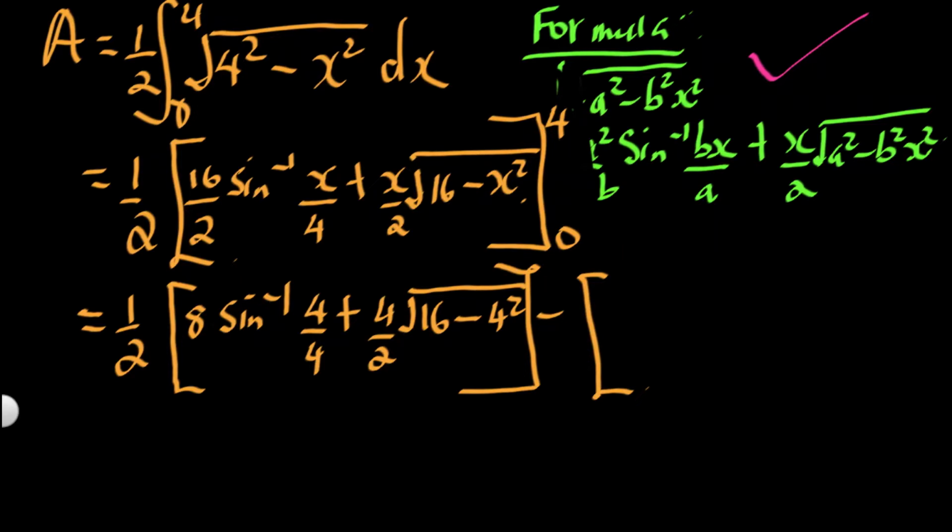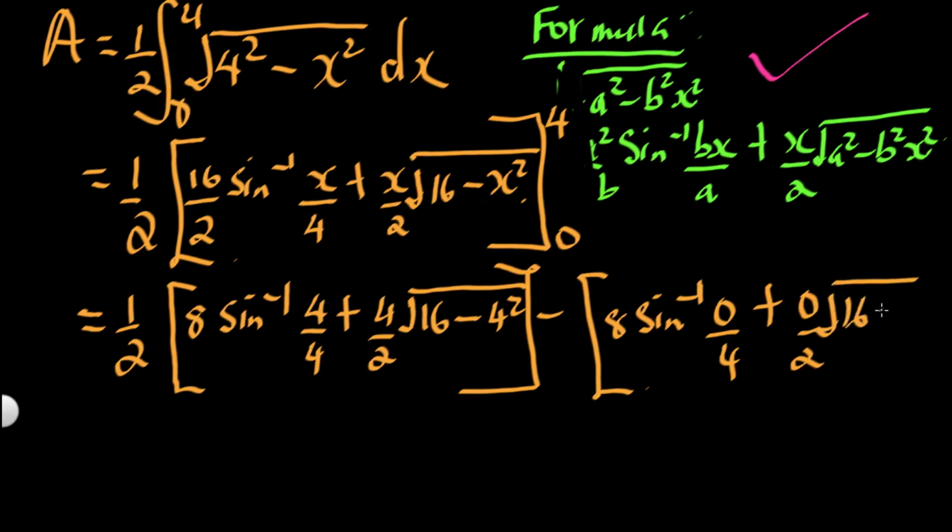Now it is 8 arcsine of x over 4, which is 0 over 4, plus x over 2, which is 0 over 2, root of 16 minus 0 squared. We close this.